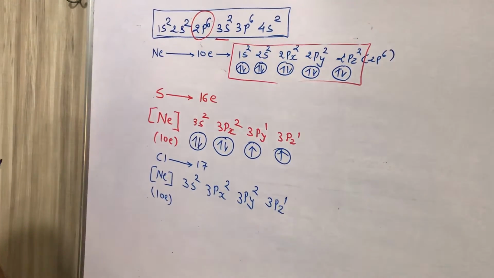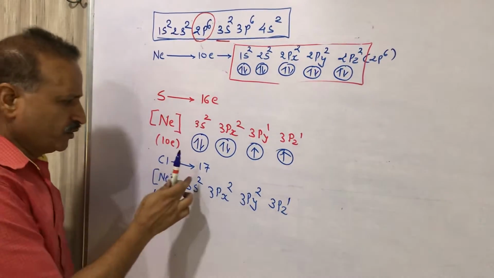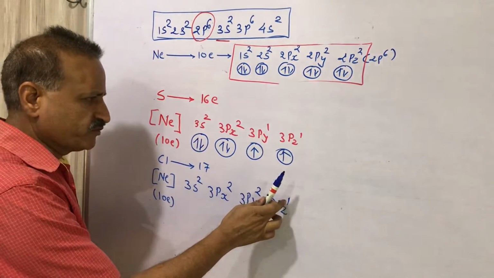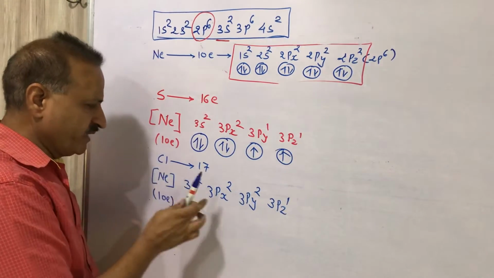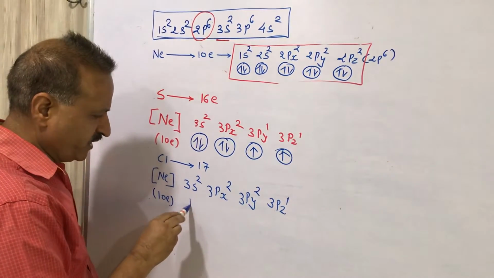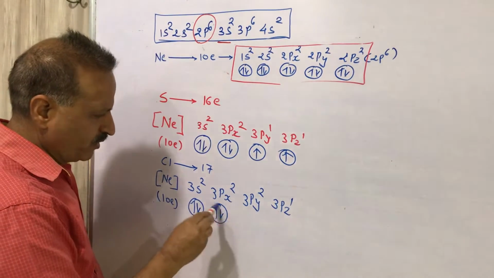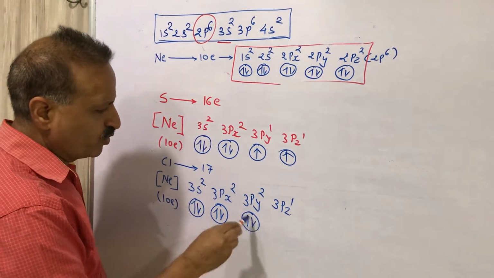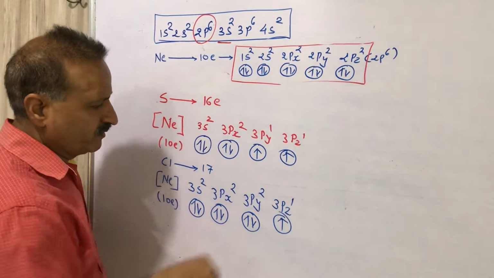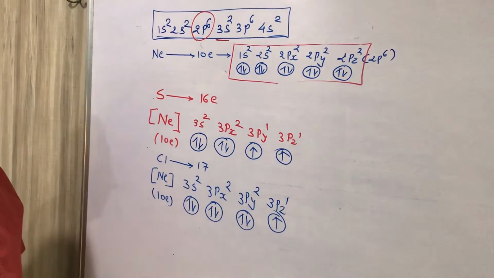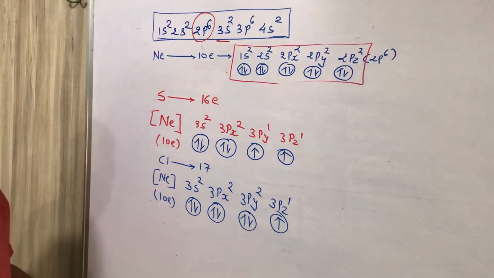So total 7 electrons we can clearly see over here: 2 plus 2 plus 2 is 6, plus 1 is 7. 10 plus 7 means it is 17. So 3s2, 3px2, 3py2 and 3pz1 is the electronic configuration of chlorine.